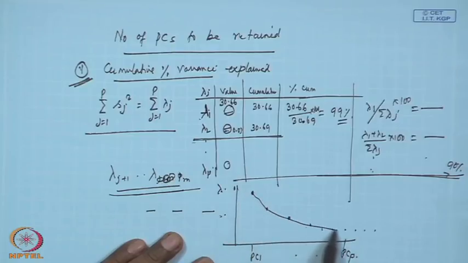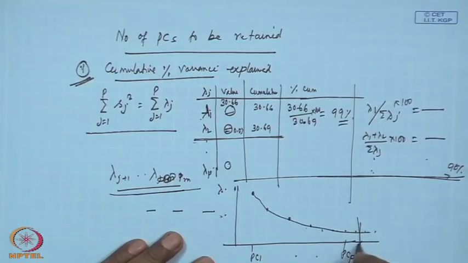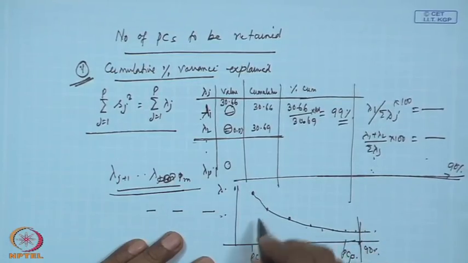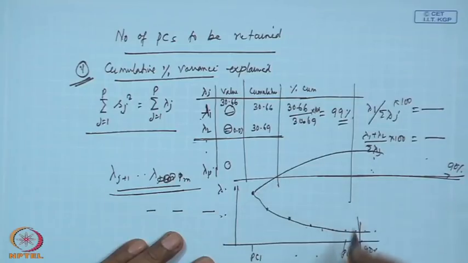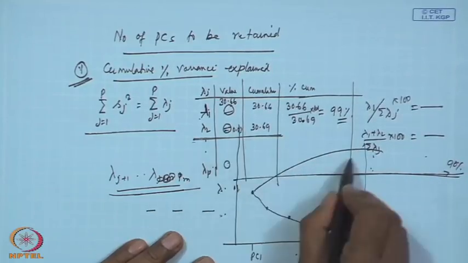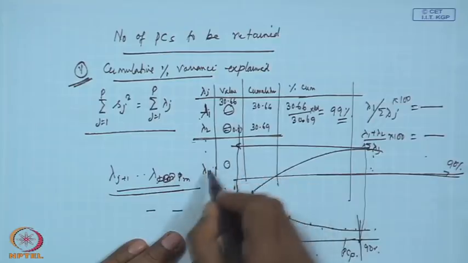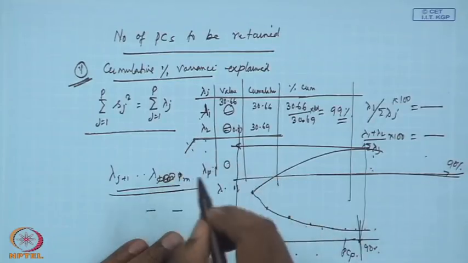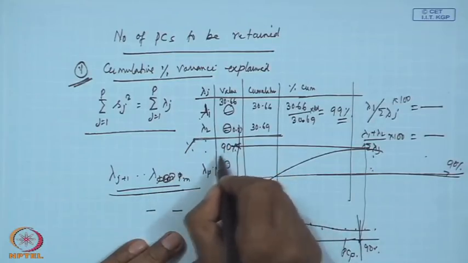You may get a figure like this. Actually, suppose 90% is coming here. This is your 90%, because if you go for cumulative at this point and make a cumulative percentage column also, this will be 90%.